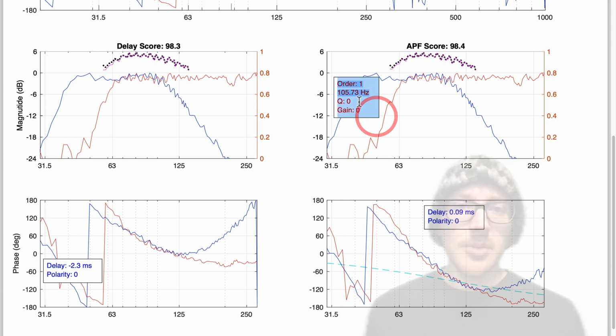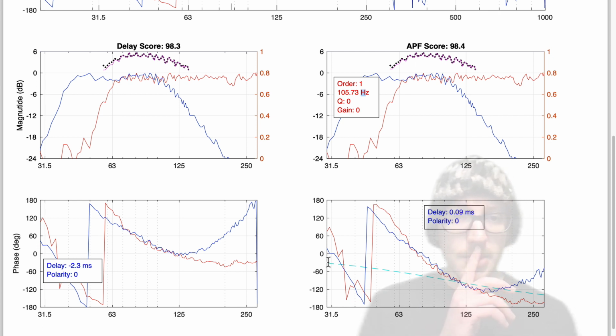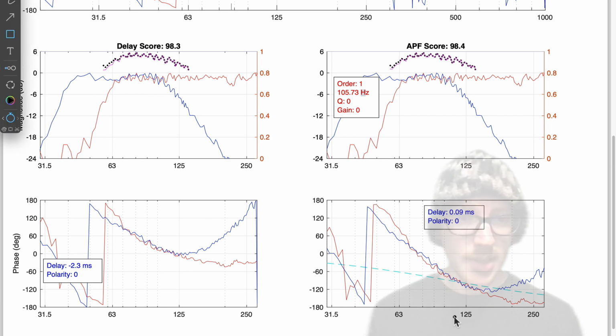And then these don't matter anymore, so just order and frequency, then you can get the phase shift that you're looking for. Here in this cyan color, you can actually see the filter. This is a first order all pass filter at 105 hertz. And we can see that at 100 hertz, it's created 90 degrees of phase shift. Let me just point that out.